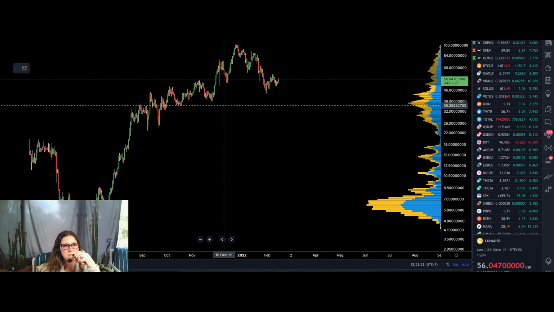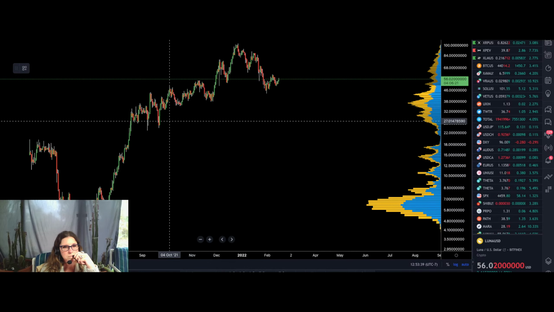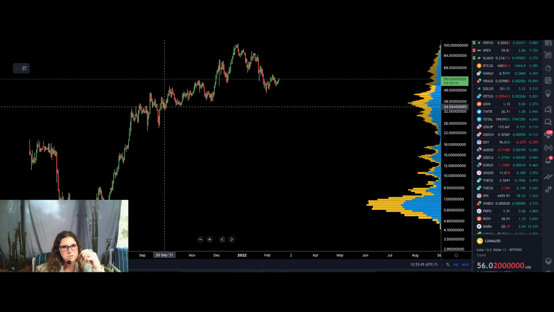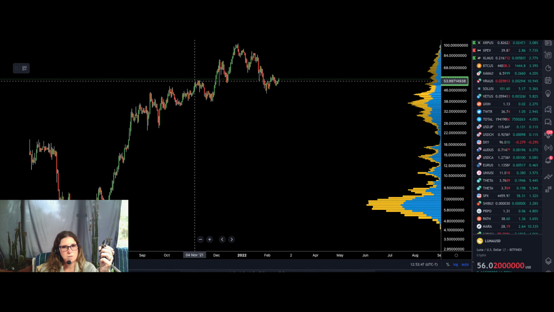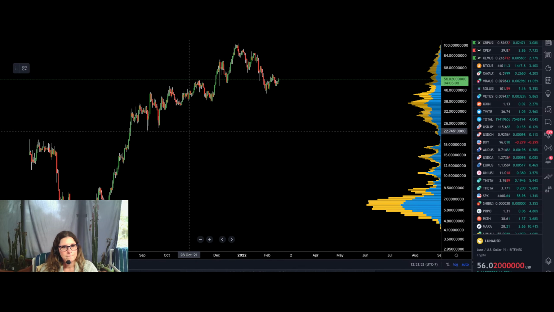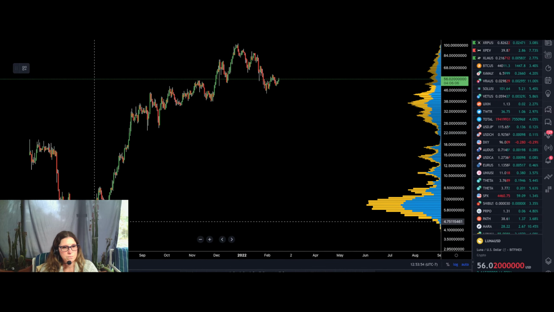A little weird at the top. This looks like 3 pullback, 3 pullback, 1, 2, 3. Okay, there it is. Okay, so let's see. The 3rd is here.